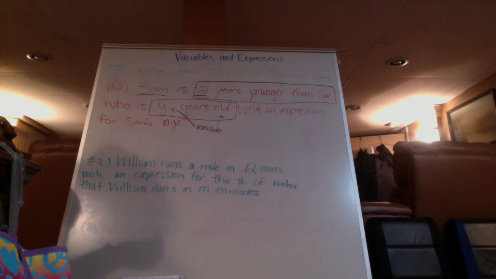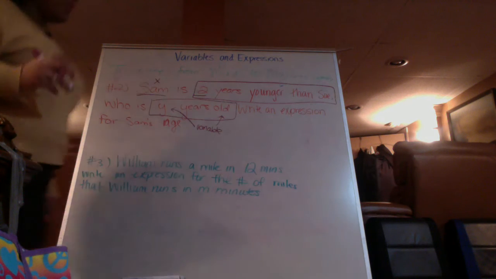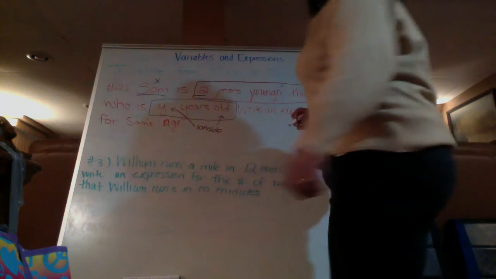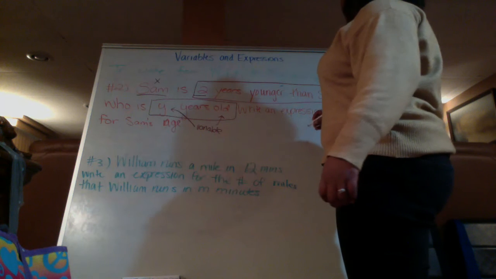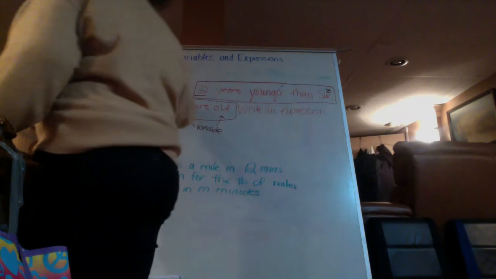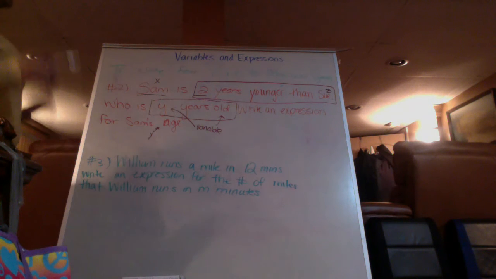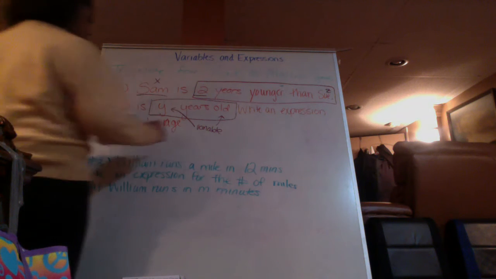So we'll do Sam is X, and we'll make sure that Sue is Z, and obviously her age is Y, or something like that. So we want to have Sam, so we have Sam.